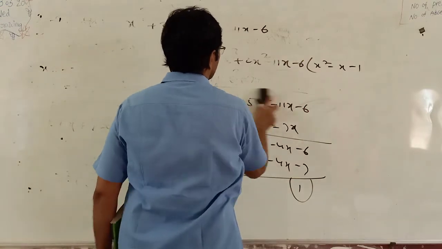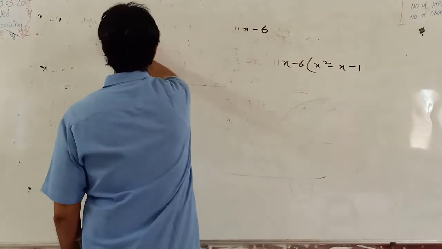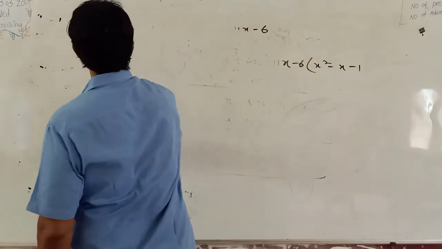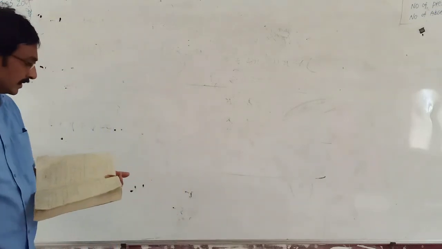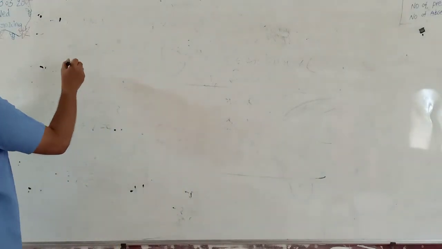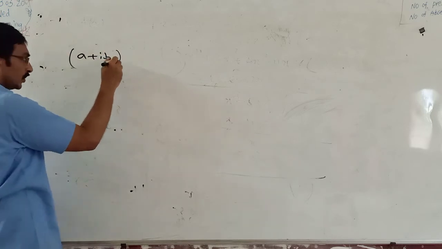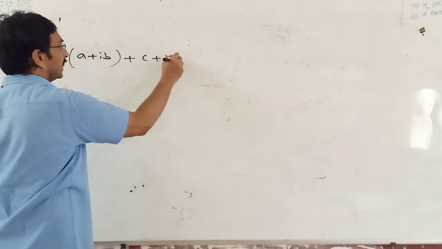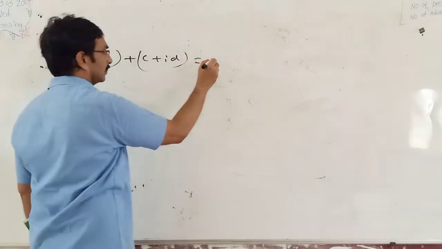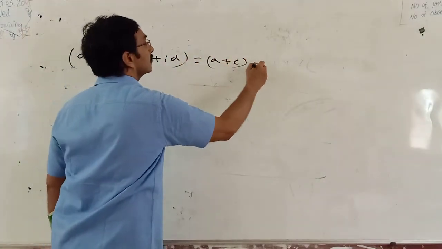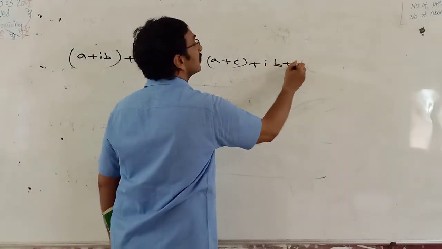First, the operations on complex numbers: addition of two complex numbers, difference of two complex numbers, multiplication of two complex numbers, division of two complex numbers, etc. See, first, addition of two complex numbers. (a + ib) + (c + id) equals, first add the real part, a + c, and take i common, b + d.